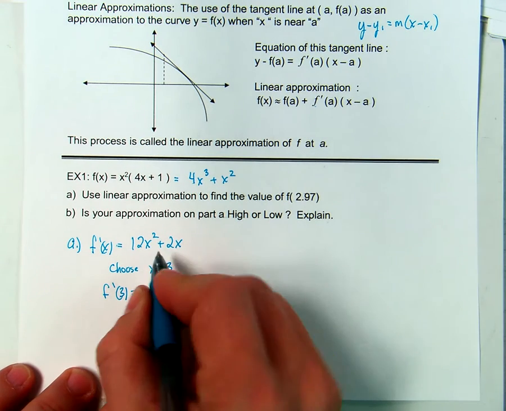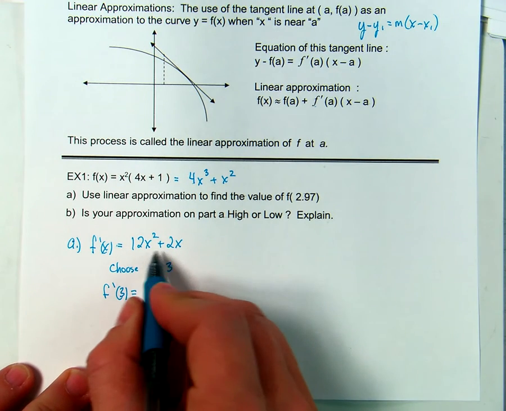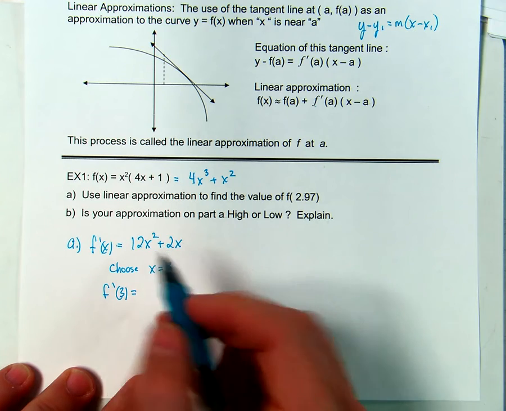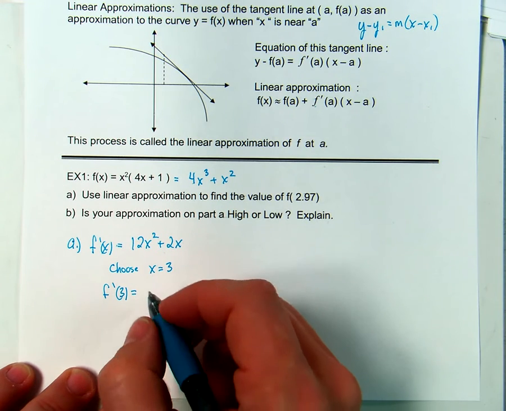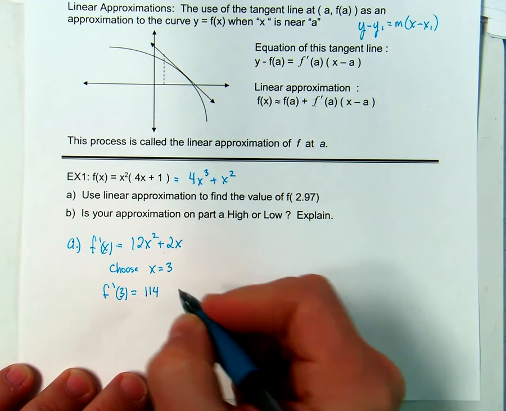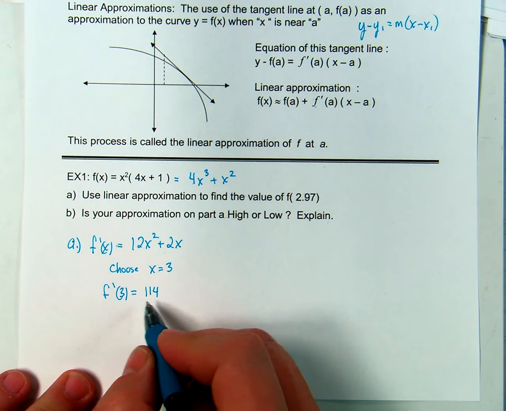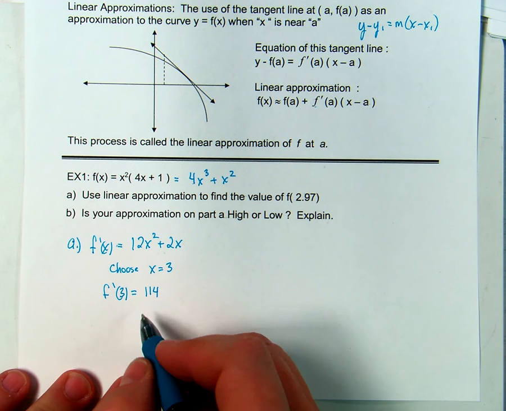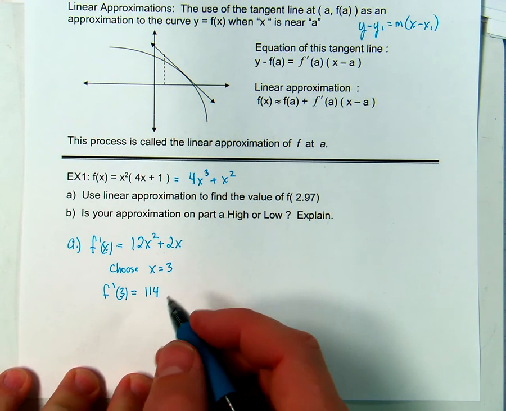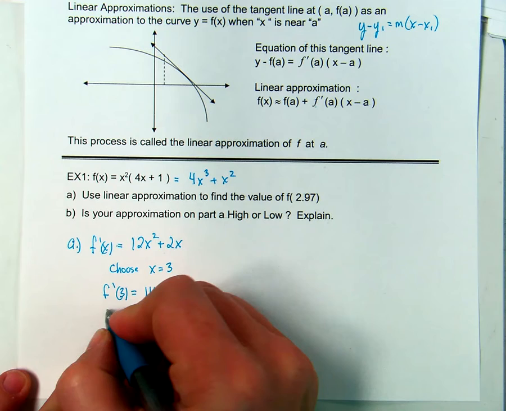So if I plug a 3 into that equation, not the original, but into this equation here, which is the derivative, then I should get 114. So now, let's do this. This is pretty cool. I know that f prime of 3 is 114. What would f of 3 be?